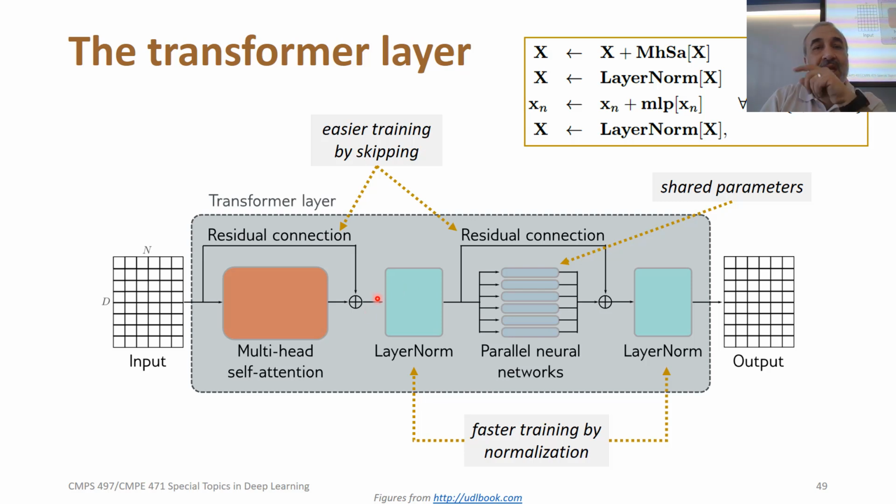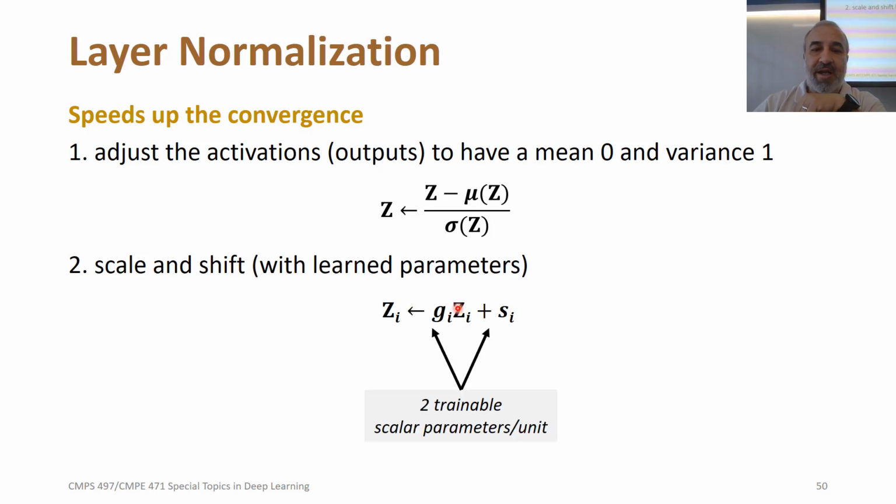We get the mean and standard deviation of that matrix, do this transformation, and get back another normalized matrix. This normalization was shown experimentally to produce faster training. This is what we call layer normalization.